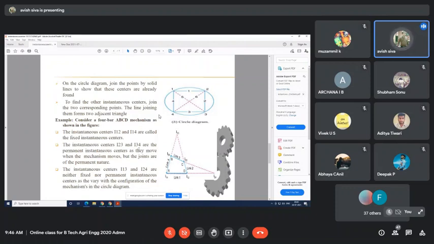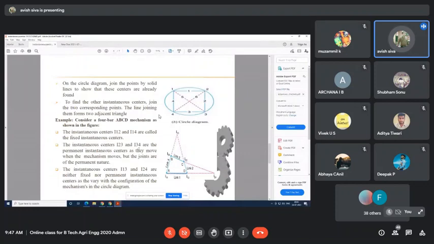First, in step number 2, the person who is evaluating should know how many instantaneous centers there are in the figure. So in step number 2, you have to calculate the total number of instantaneous centers in that particular mechanism.